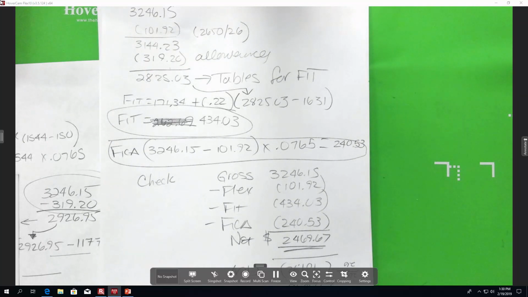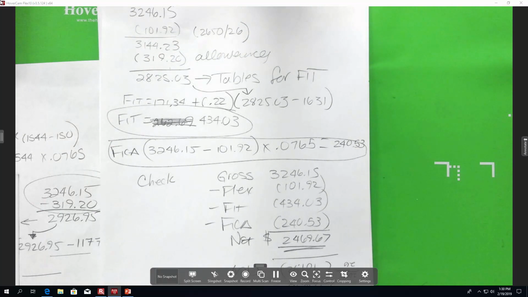And then the allowance is what's confusing, because that 319.20 is only to get the calculation for FIT. That's not something I'm withholding from her check. It's only used for that calculation.